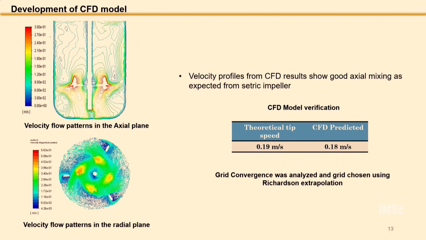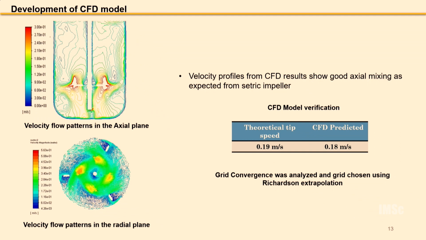So we were able to get a velocity pattern which had good axial mixing. The impeller we used is a Cetric impeller, which is known to be good for plant cell cultures and has been published earlier. We used that impeller and a porous sparger, and we saw good axial mixing.